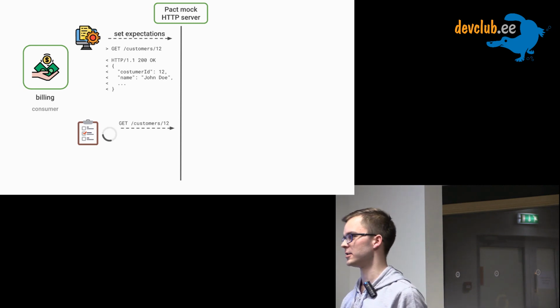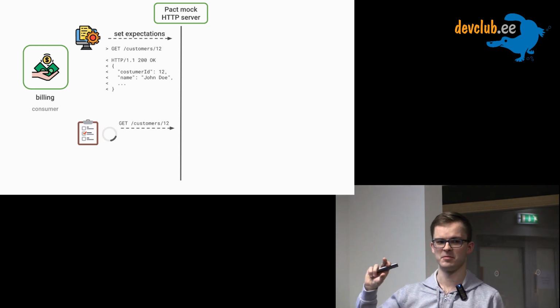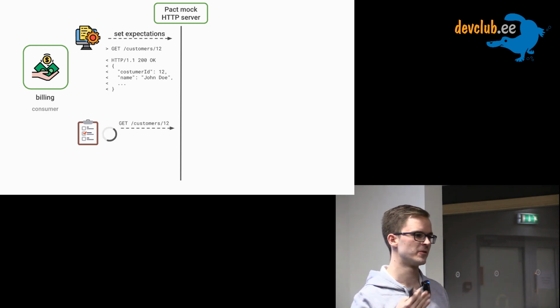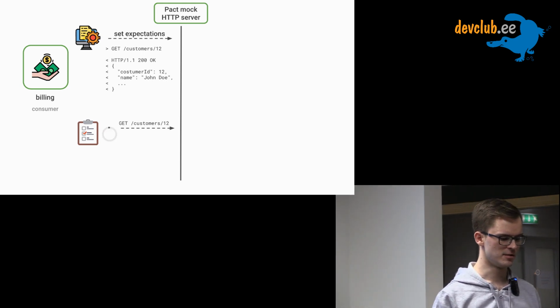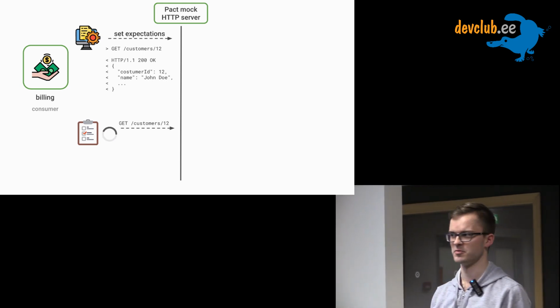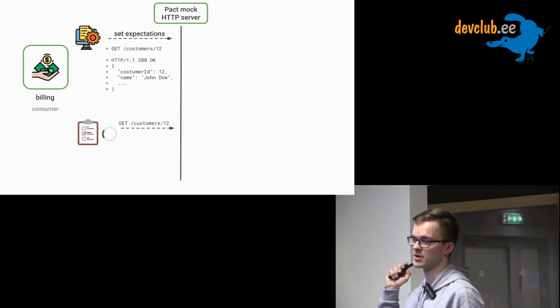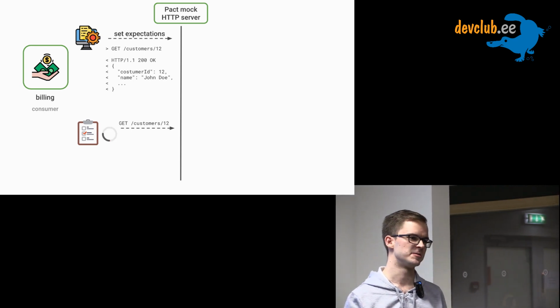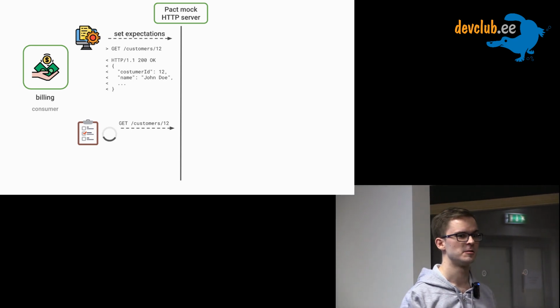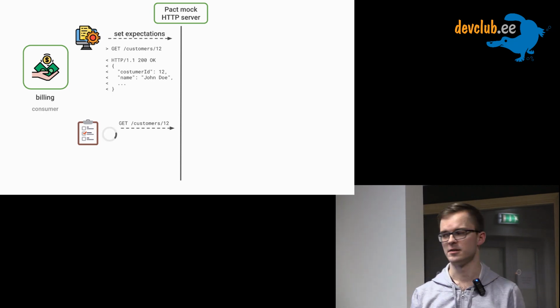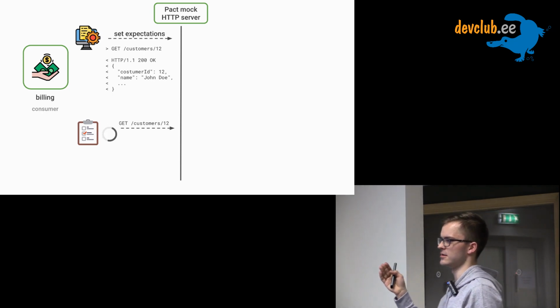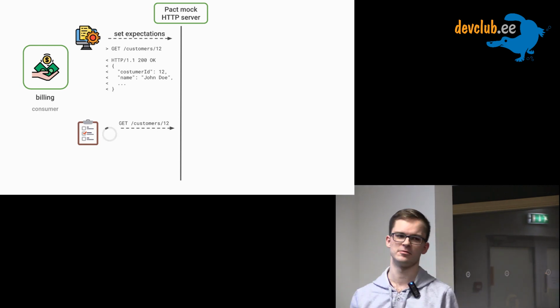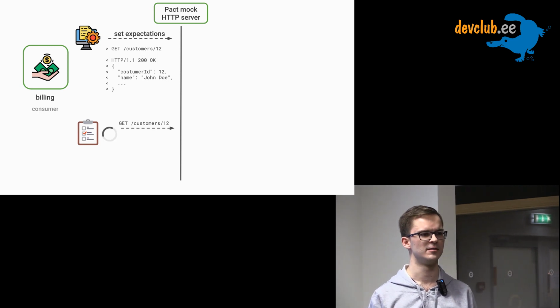How to do that is basically you would isolate some part of the billing service that is responsible for this communication, and you instruct this part to make a request not to the actual customer service, but to the Pact HTTP mock server. In this case, the test will send a GET request to customer/12.